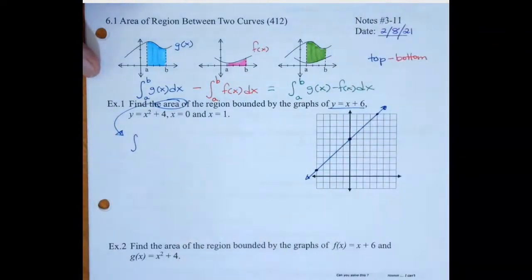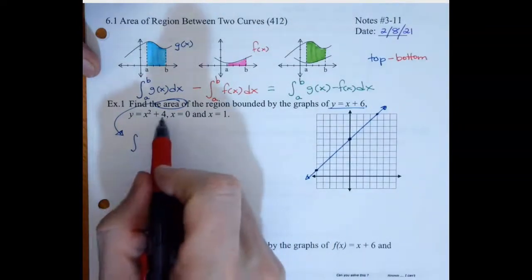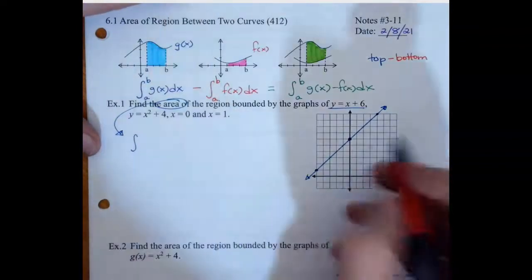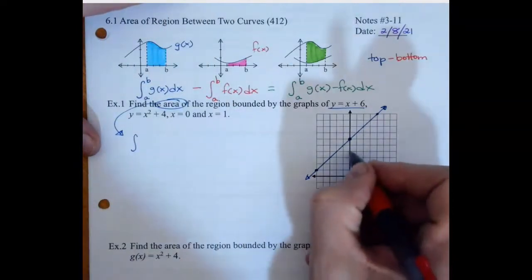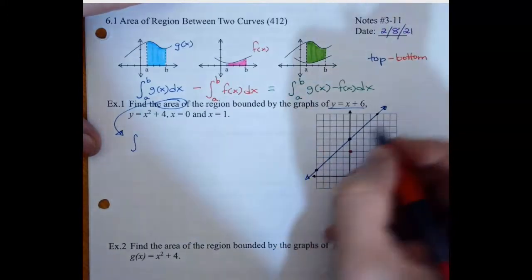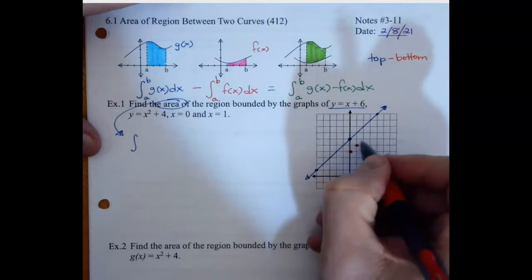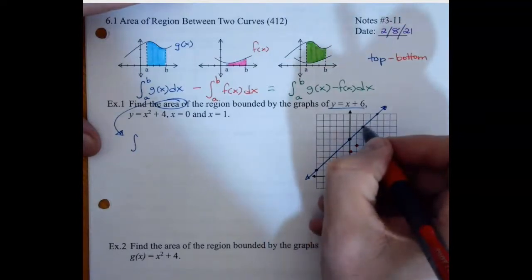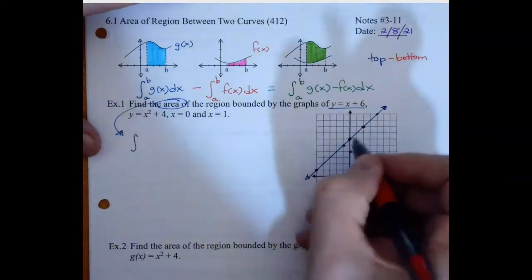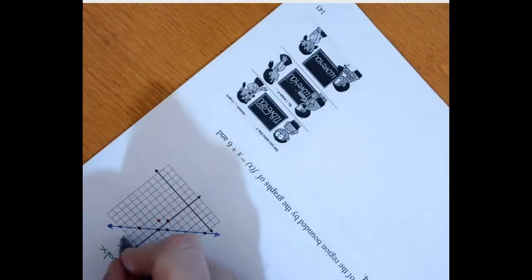Alright. And we have a parabola shifted up 4. So 1, 2, 3, 4. And normally when a equals 1, the parabola goes over 1, up 1, over 1, up 3. Same thing here. So there's our parabola.